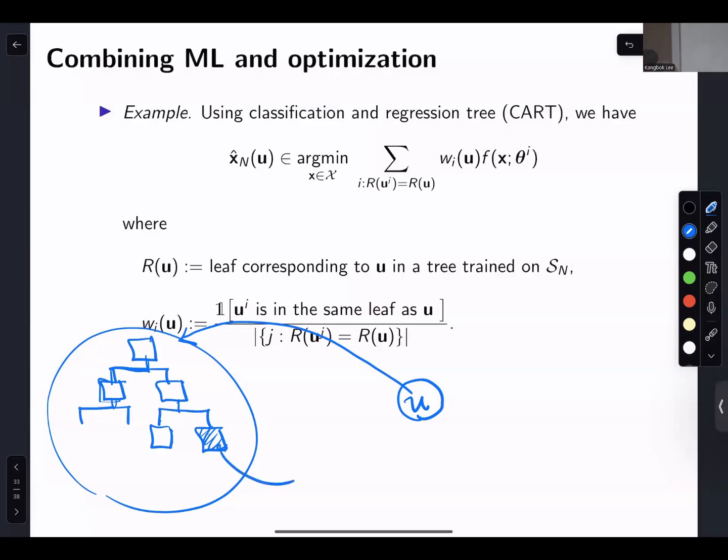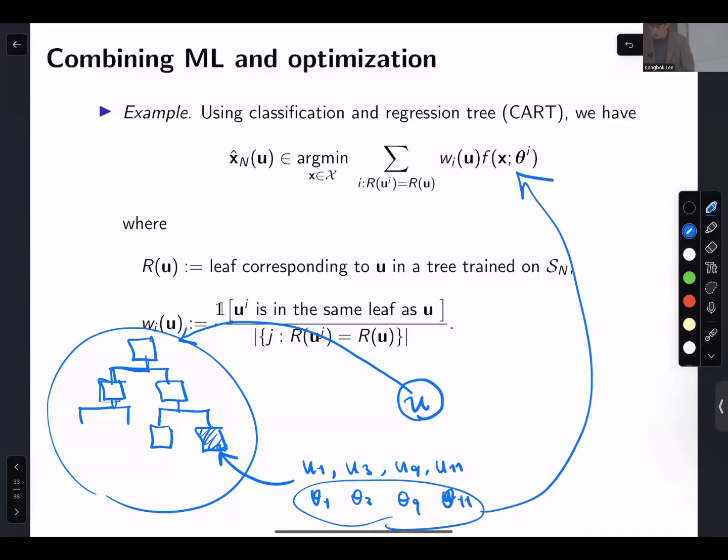And let's say my U happens to belong to that leaf, and I look around and see U1 is there, U3 is there, U9 is there, U11 is there. Hey, all of you guys belong to the same leaf. What that means is I'm going to take theta 1, theta 3, theta 9, theta 11. I'm going to use them in my optimization, or something like this. Well, if you belong to the same leaf that I belong to, then I'm gonna assign 1 to the weights. If not, I'm gonna make all of them zeros.